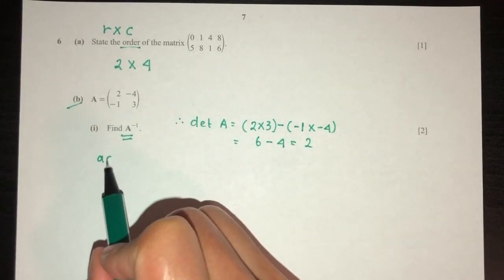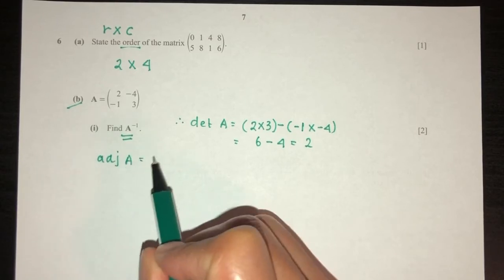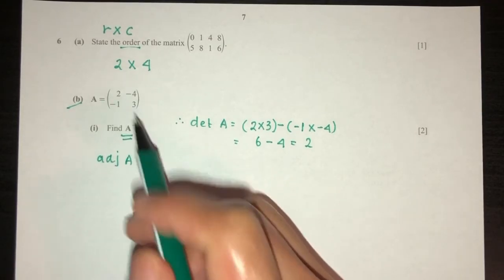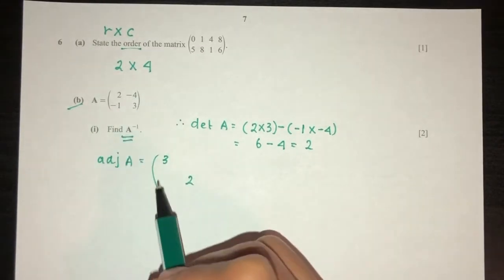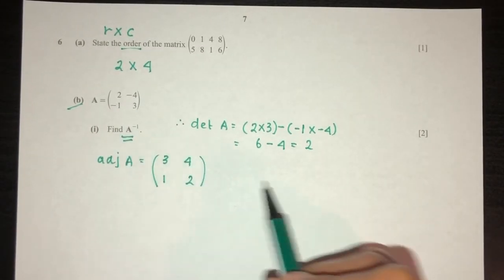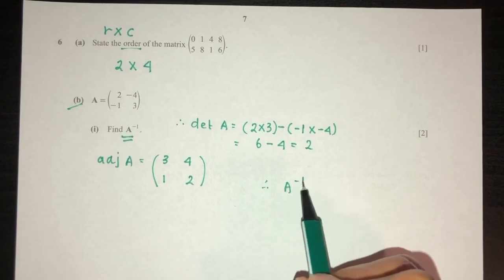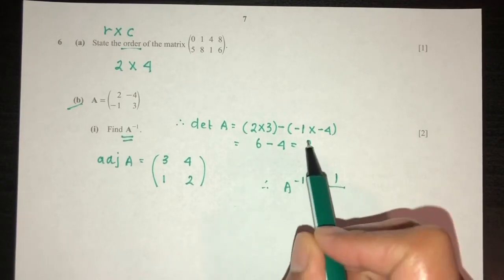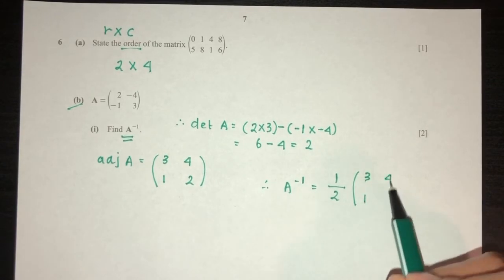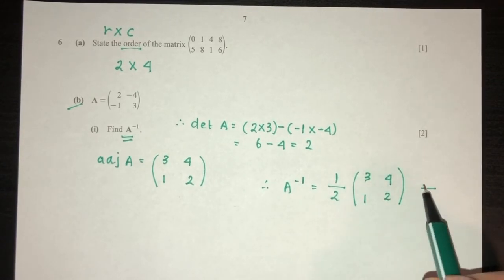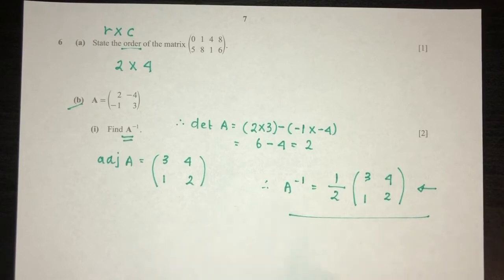Now we have to write down what is the adjoint matrix of A. We have to switch their position. 3 goes up, 2 goes down, and switch the sign. This is 1, this becomes 4. So from this we can find A inverse pretty easily. It is 1 over determinant times this one. 3, 1, 4, 2. Okay, that is A inverse.